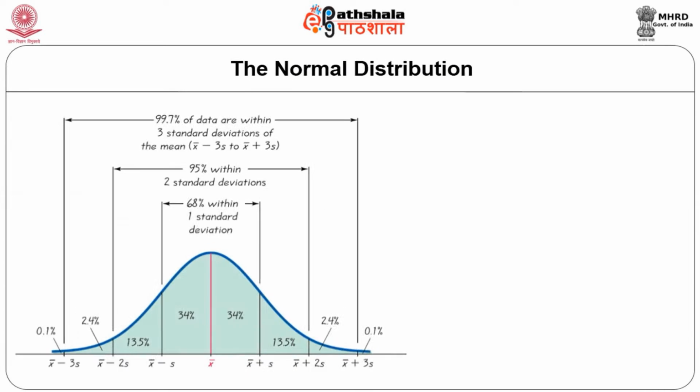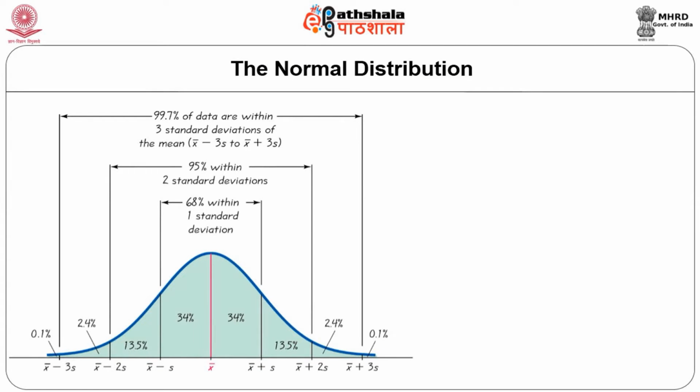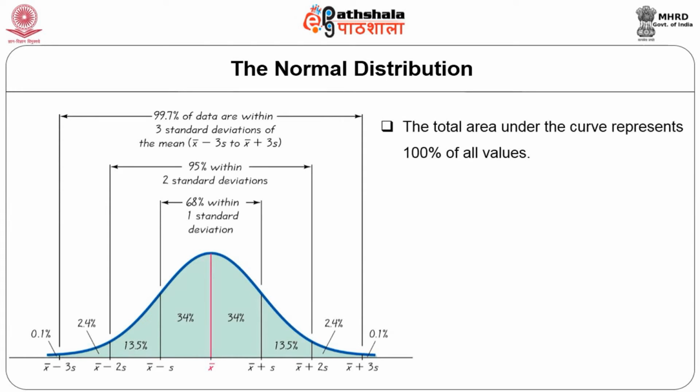If you see on the screen, the normal distribution looks like this, a bell shaped curve. So, what are the characteristics of this normal curve? The total area under the curve represents 100% of all the values.